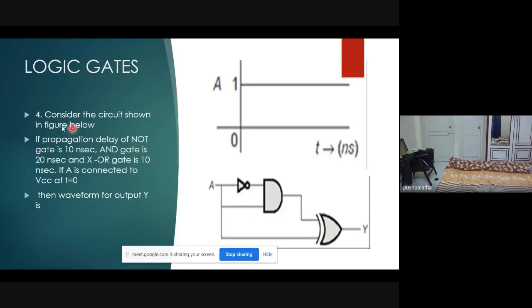If the propagation delay of the NOT gate is 10 nanosecond, AND gate is 20 nanosecond and XOR gate is 10 nanosecond, and A is connected to VCC at t equal to 0, then what is the waveform for output Y?